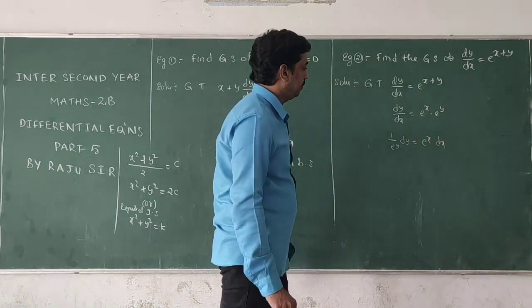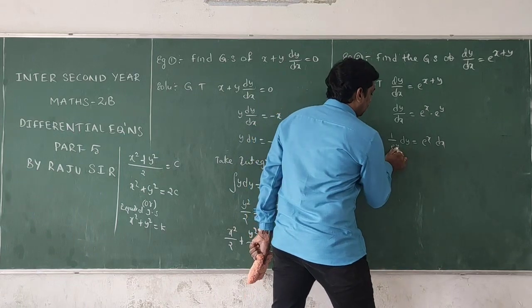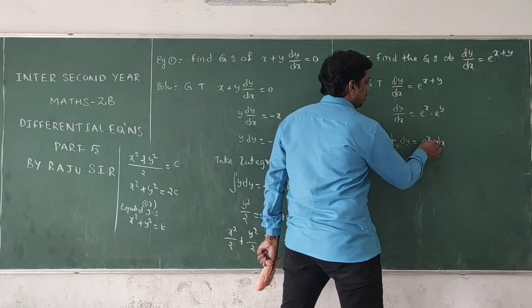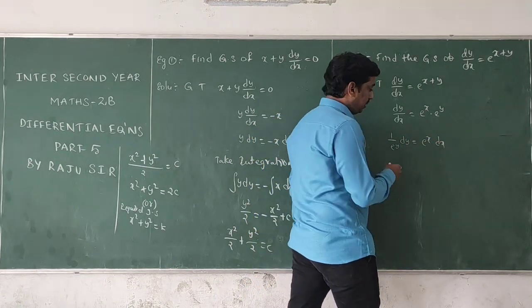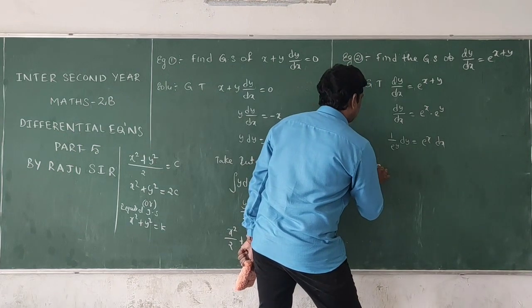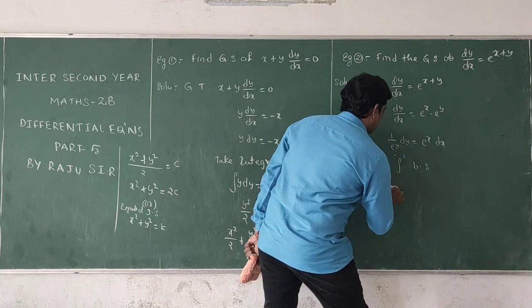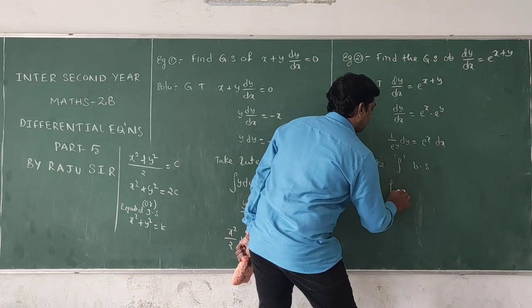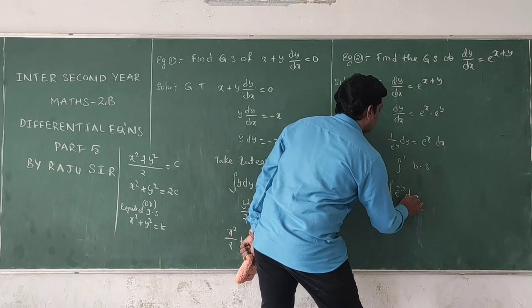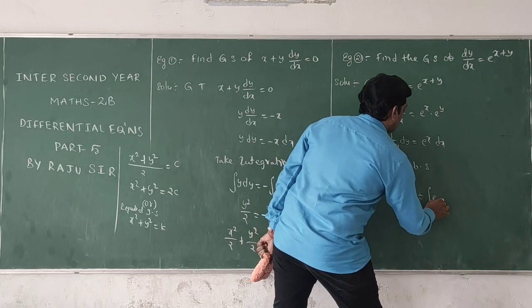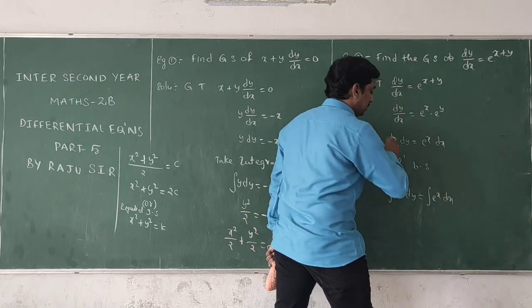Is it clear? Now here y terms are with respect to y, x terms with respect to x. That's why take the integration on both sides. Integration of 1 by e power y can be written as e power minus y dy equals integration of e power x dx.